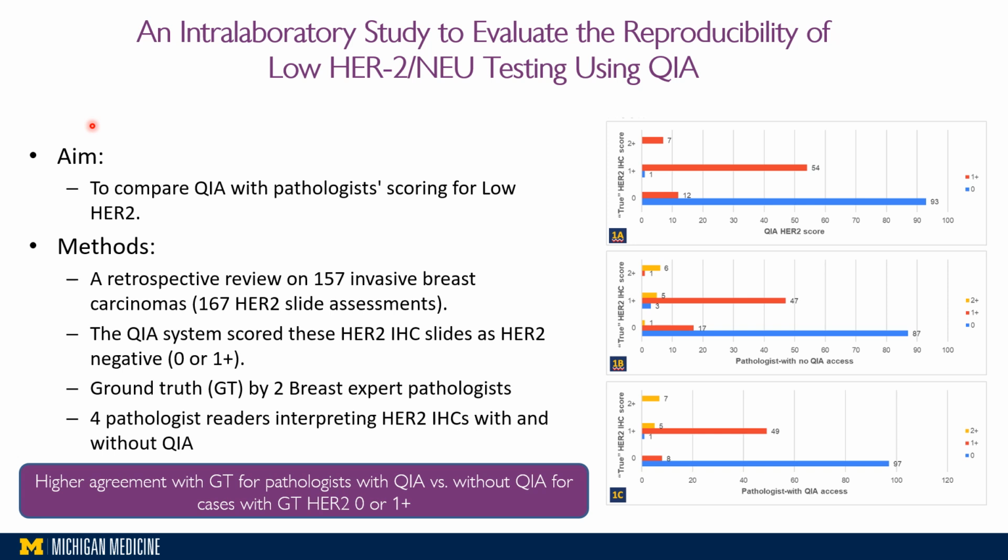Additionally, 4 pathologist readers were involved in interpreting the HER2 IHC, both with and without the assistance of the quantitative image analysis system. And the approach we used in our study resulted in high agreement with the ground truth for pathologists with quantitative image analysis, versus quantitative image analysis alone or the pathologists alone.